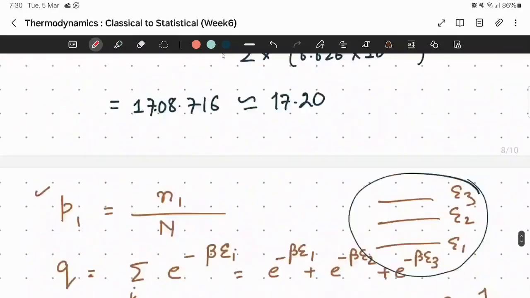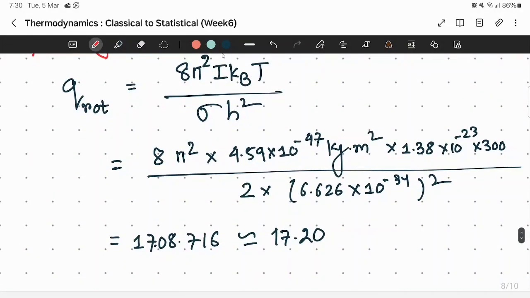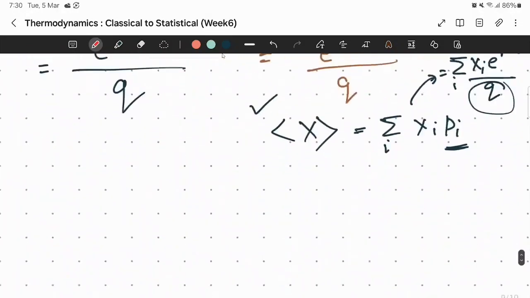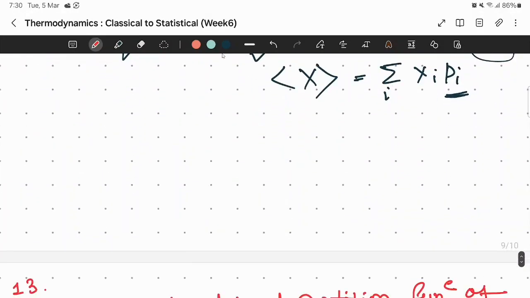But here, the translational partition function is a huge number. Why is that? Because this is a very important question. If you look at the partition functions, we have only talked about translational and rotational. There are others: electronic, nuclear, vibrational.